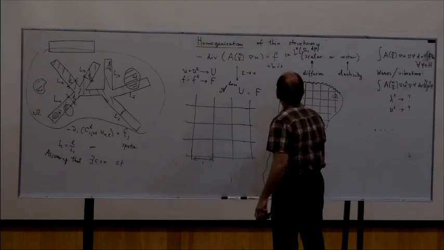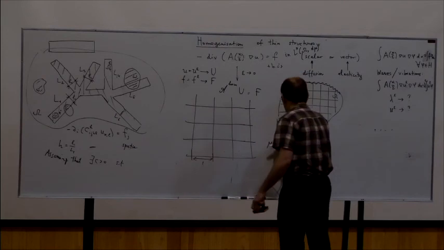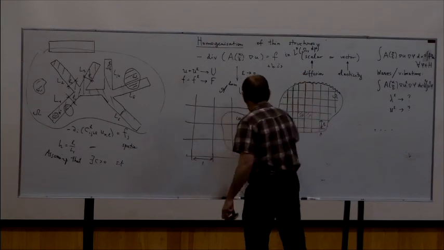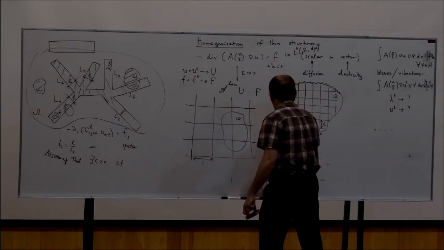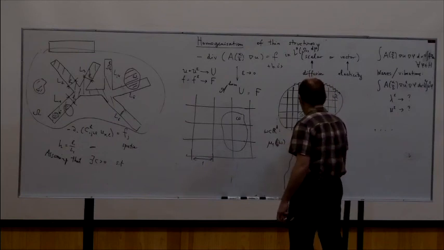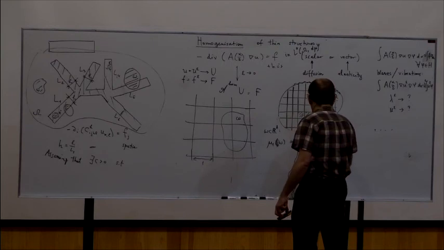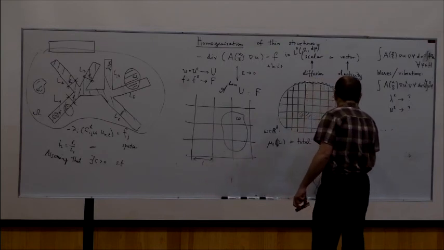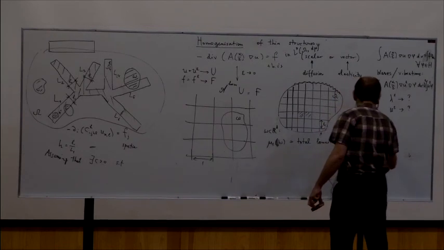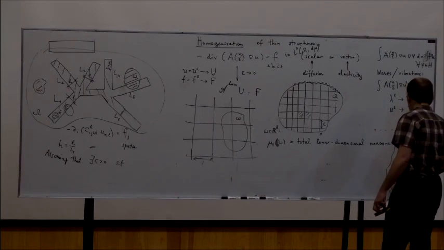Define the measure mu1 as follows: for each set omega in R2 or Rd, I define the measure mu1 as the total lower dimensional measure of the intersection of omega with the singular structure.